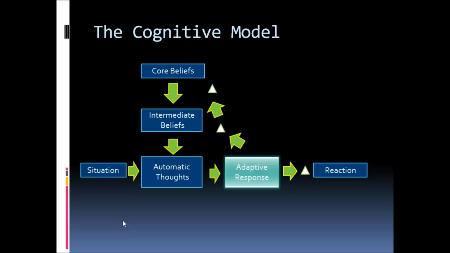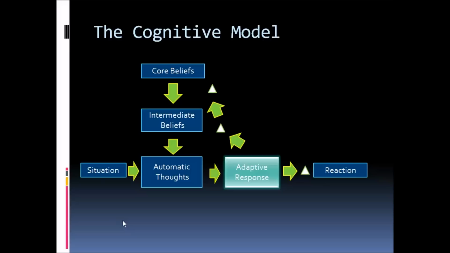So instead of going right to the reaction, the new reaction, I guess you could say, is the client's going to apply that self-talk. And sometimes clients are successful at applying the adaptive response, and sometimes they're not successful, right? And that's okay. There's going to be times when it's very difficult to apply the adaptive response, but I would encourage you as a clinician, as a counselor, to continue to support your client and focus on the successes.